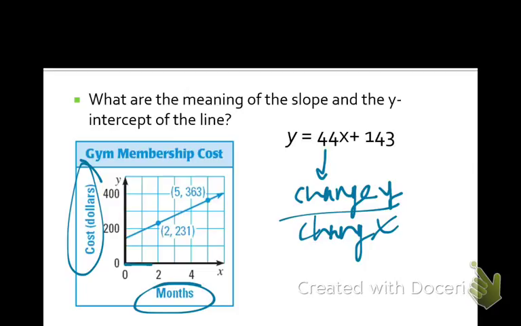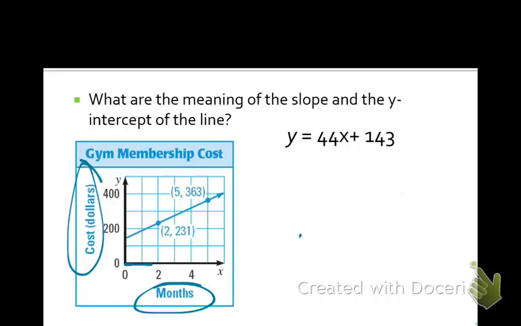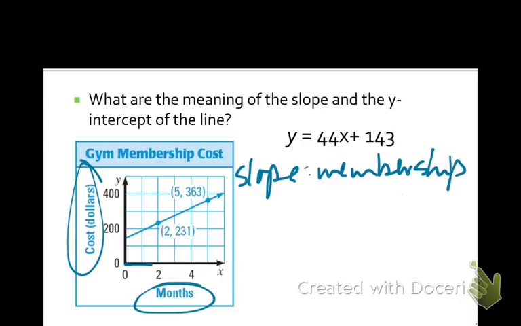So for 1 month, that's our x changing by 1, we're going to have to pay $44. So what the slope tells us is that the membership is $44 a month.